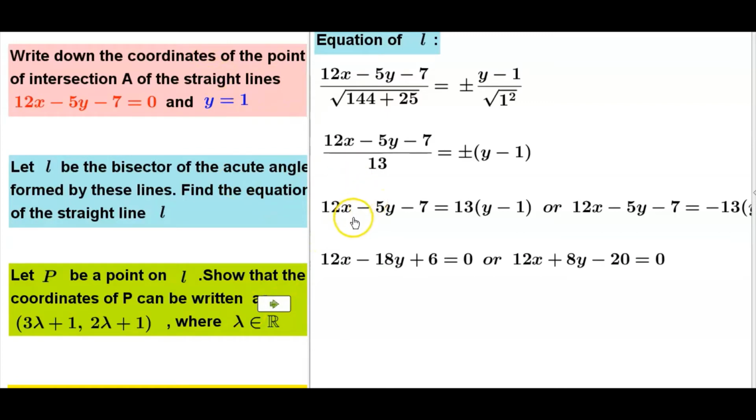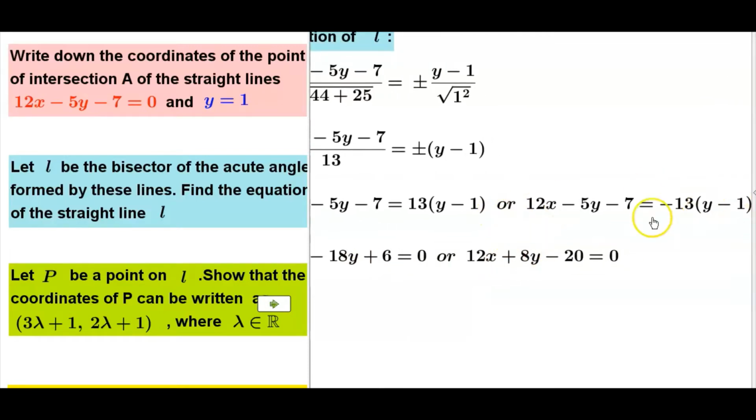Simplifying further, 12x minus 5y minus 7 equals 13y minus 13. So 13y comes here as minus 13y. Therefore 12x minus 18y plus 6 equals 0.